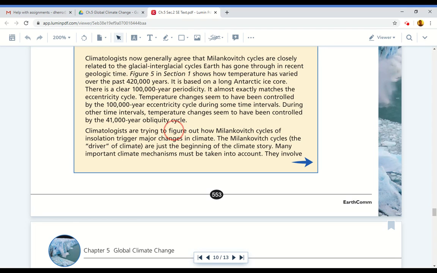Climatologists are trying to figure out how Milankovitch cycles of insolation trigger major changes in climate. The Milankovitch cycles, the driver of climate, are just the beginning of the climate story. Many important climate mechanisms must be taken into account.